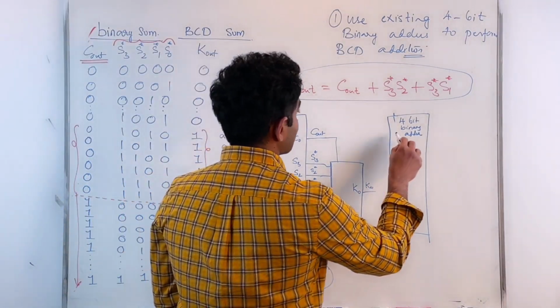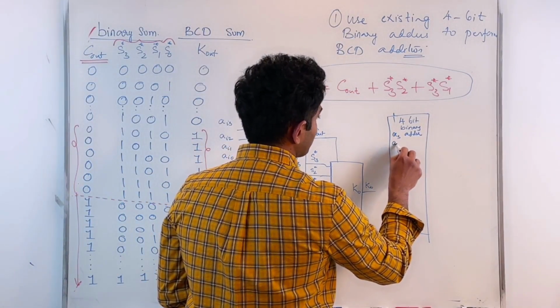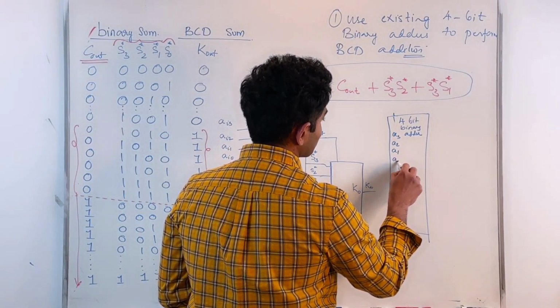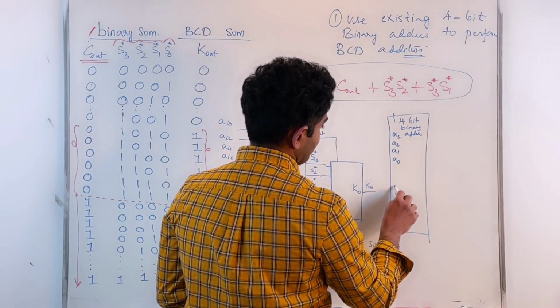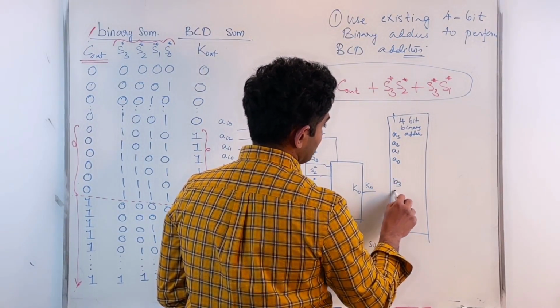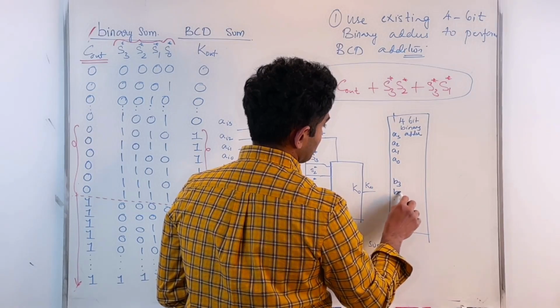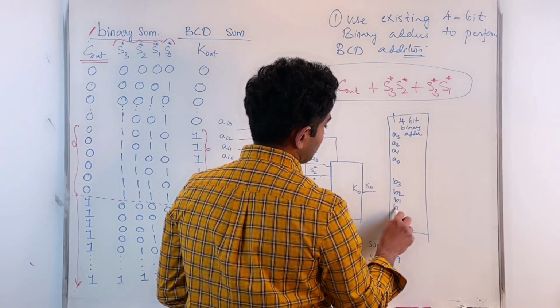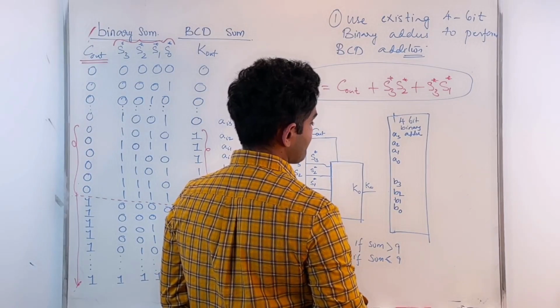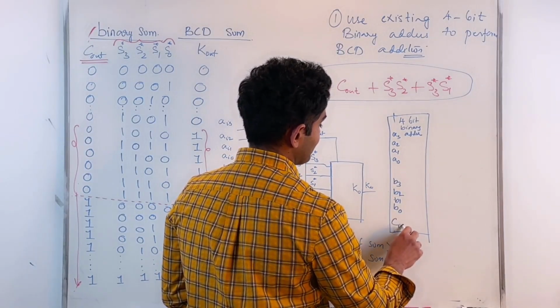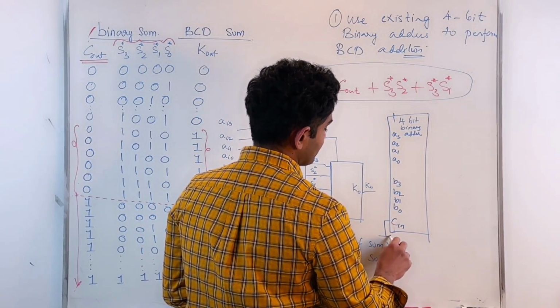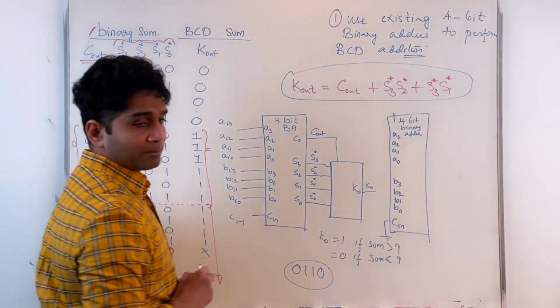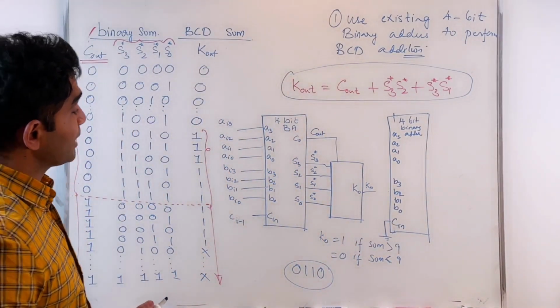And let's say that's your A3, A2, A1, A0. Then you have B3, B2, B1, B0 positions for this particular adder. And of course, you have C in for this adder. I don't have to worry about C in here, so I just ground it for that particular adder because I just need to add 6 to that.